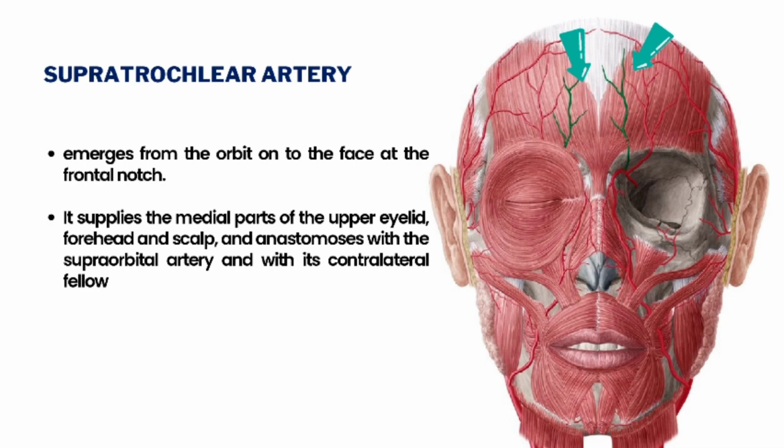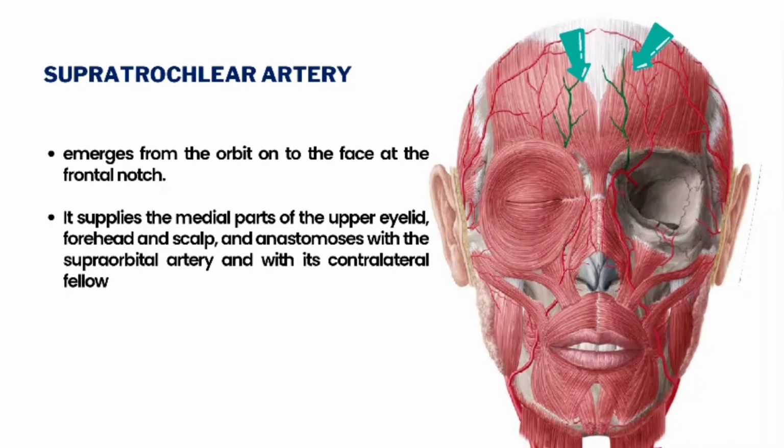These terminal branches arise in the superomedial aspect of the orbit anterior to the trochlea. The supratrochlear artery exits the orbit at the frontal notch located on the medial aspect of the supraorbital margin.